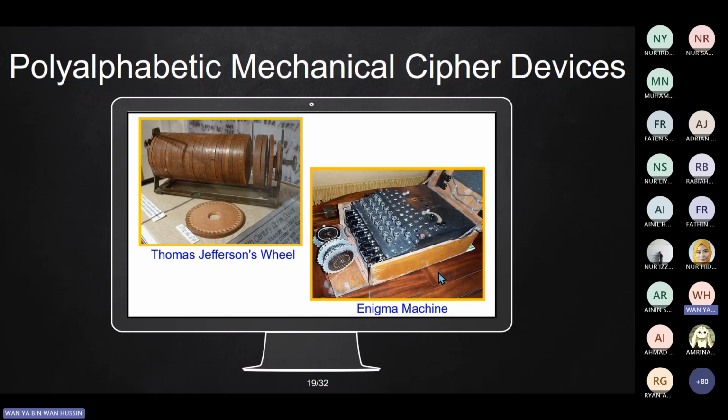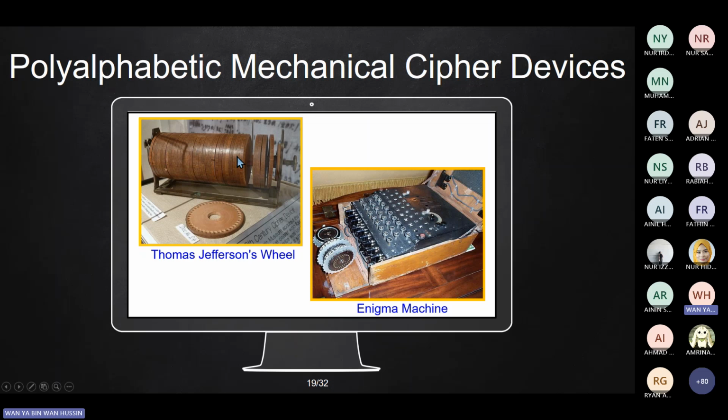This is a more modern polyalphabetic mechanical cipher device. This is during the American Civil War. This is during the Second World War.